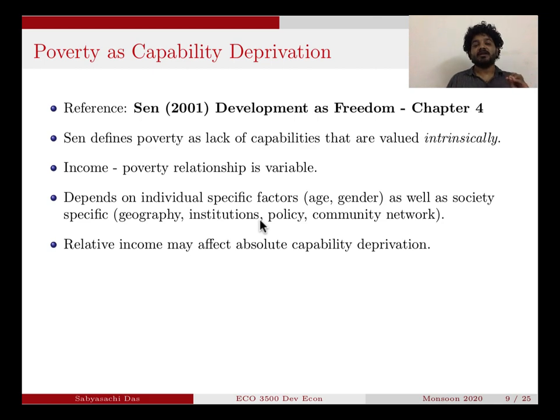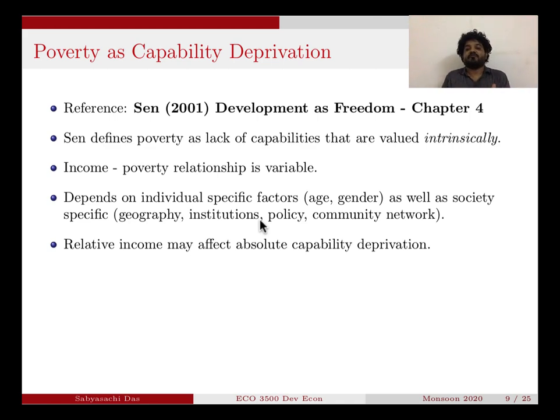So we should think of income as an instrument in allowing individuals to escape poverty and attain a greater set of capabilities. But we should not think of higher income per se as escape from poverty.